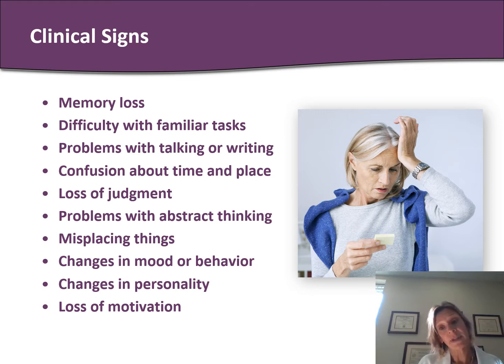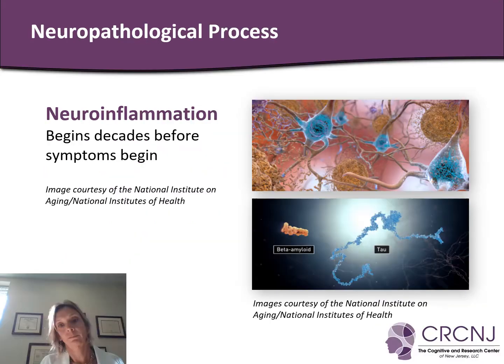These are just some of the symptoms a person might have, and they may not have all of them, and some of the symptoms may be quite mild. When a person has some of those symptoms, we want to try to figure out what is causing them, because there are different things that can cause the symptoms.